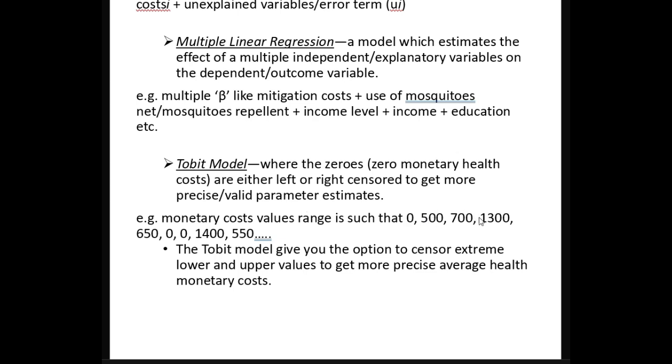And at right censoring, up to the limit of 700, values above 700 of health cost, monetary cost or mitigation cost will be right censored, meaning 1300 will be dropped and 1400 will be dropped. So your data will be in the 500 to 700 range. So the Tobit model gives you the option to censor extreme lower and extreme upper values to get more precise average health monetary cost values, right?